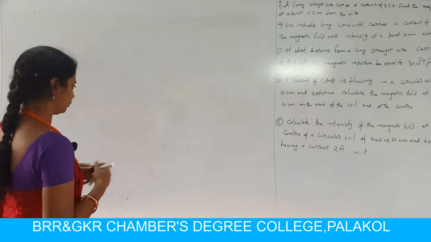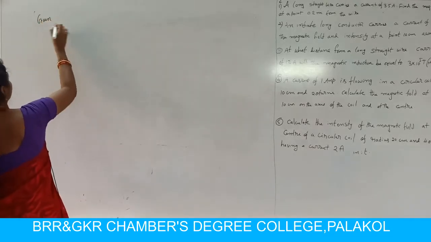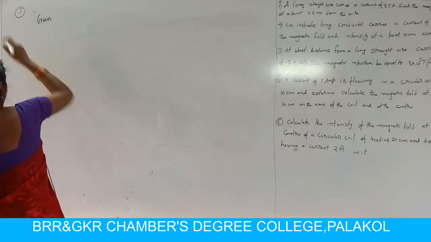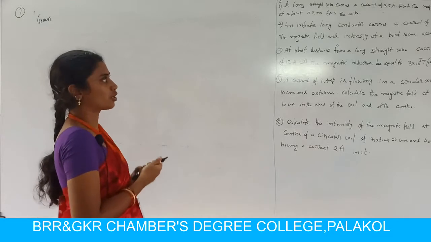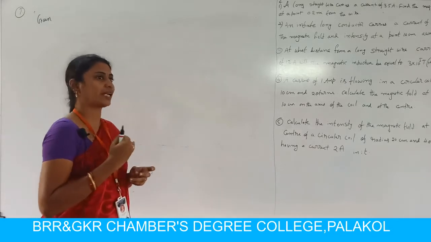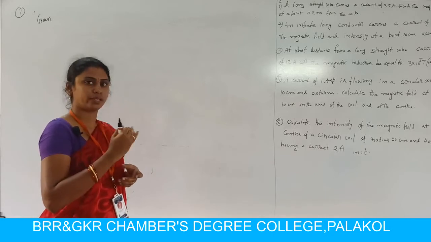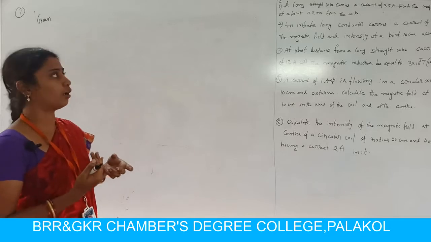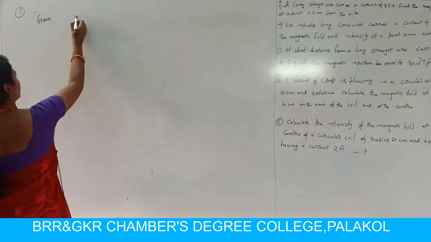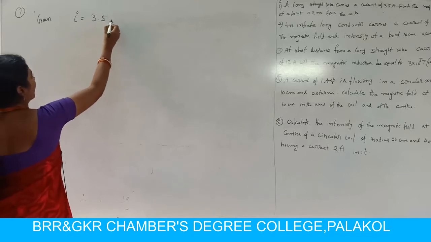In this problem we first write down the data given. The wire is long and straight, so we use the magnetic field induction for a long straight wire. It carries a current of 3.5 amperes, so current I is 3.5 amperes.